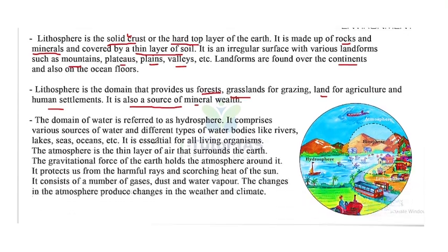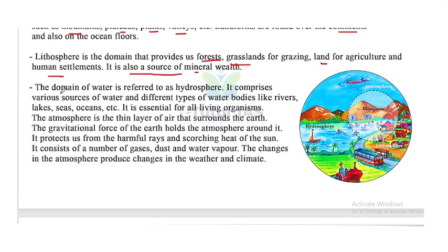Now, hydrosphere. The domain of water is referred to as hydrosphere. So, lithosphere is the land portion and hydrosphere is the water body.